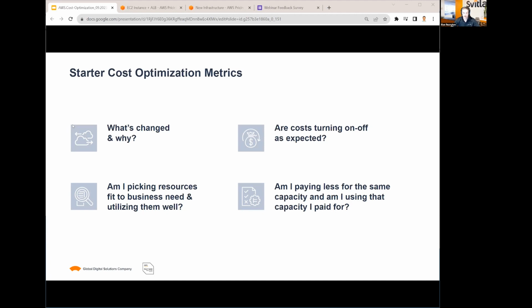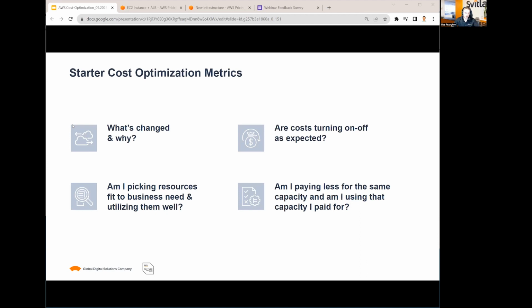Also, some other questions: what could we change? Are our costs turning on and off as expected? When we change our infrastructure, cost will definitely change, and we need to understand the relation between these two things, because it gives us the ability to manage our infrastructure, to preserve and save costs.